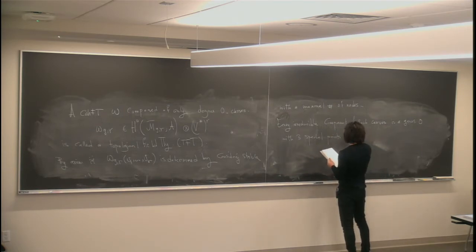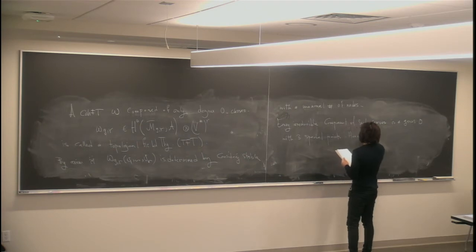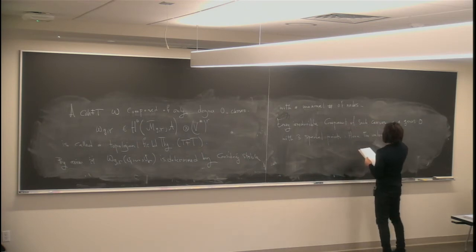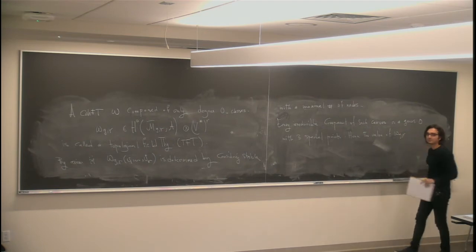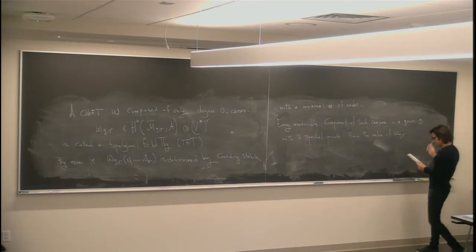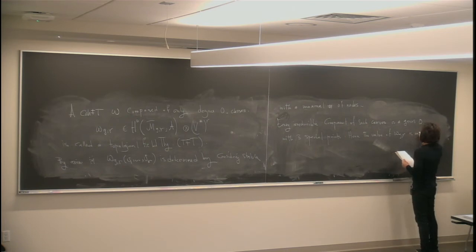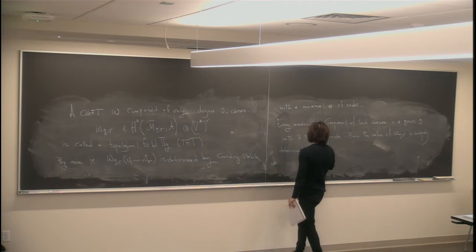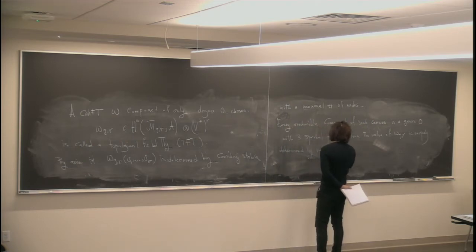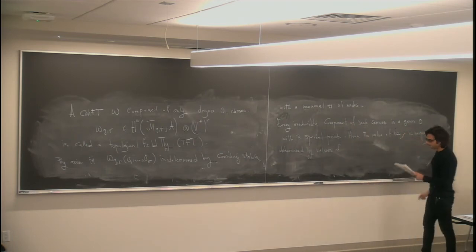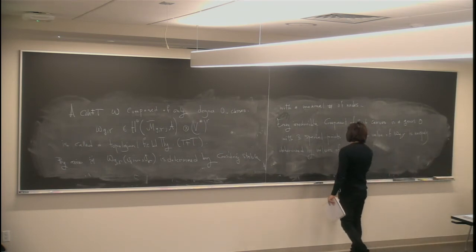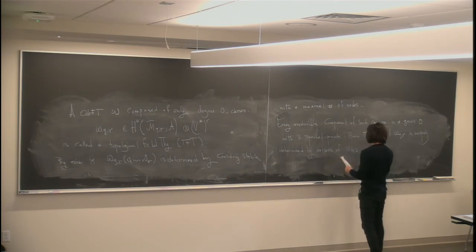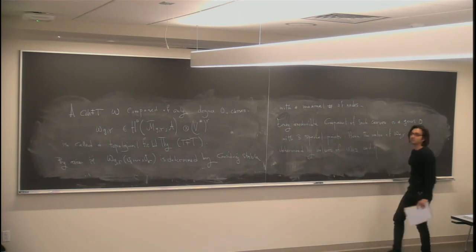Hence the value of omega_{g,R}, the class, is uniquely determined by values of omega_{0,3} and this non-degenerate pairing eta.